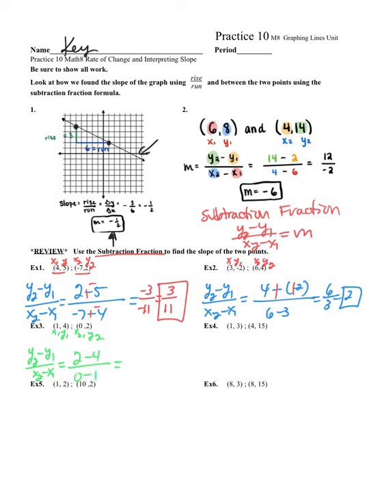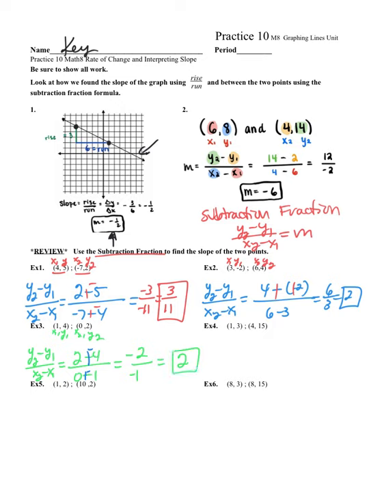If we do keep change opposite, we'll do it here. And the answer, this is negative 2 over negative 1. Again, a negative divided by a negative is a positive 2.